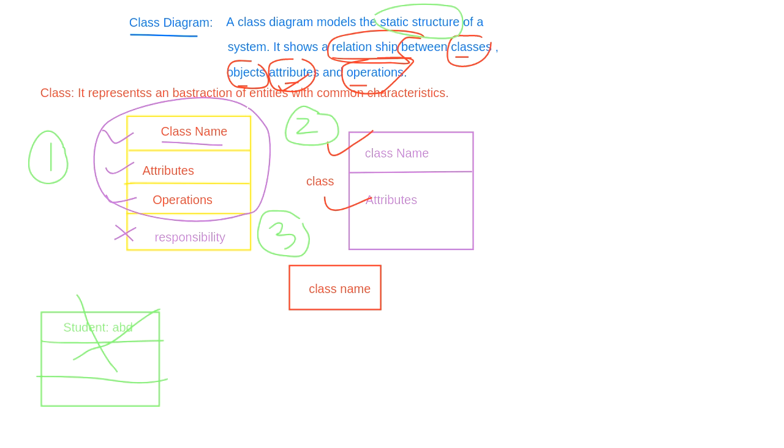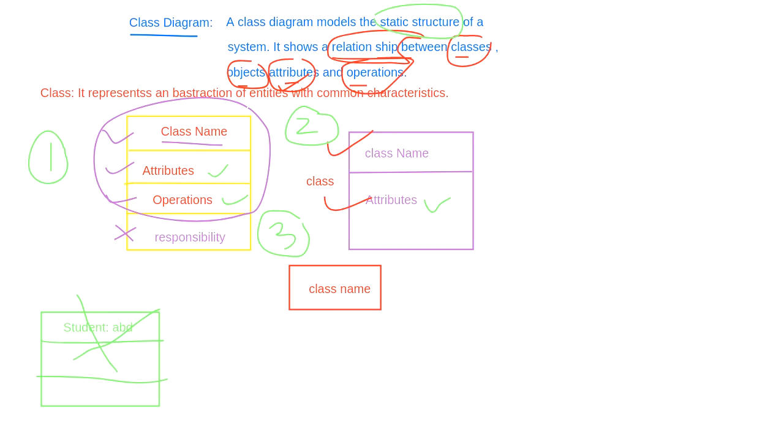Next, let's see one more thing: when you give any attributes or operations, they have some visibility. Attributes and operations have visibility.